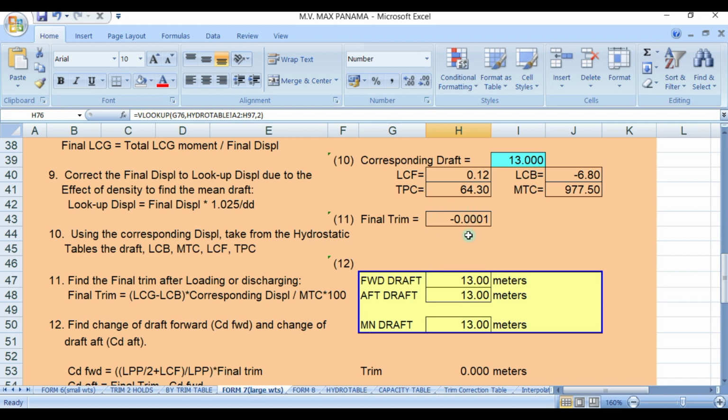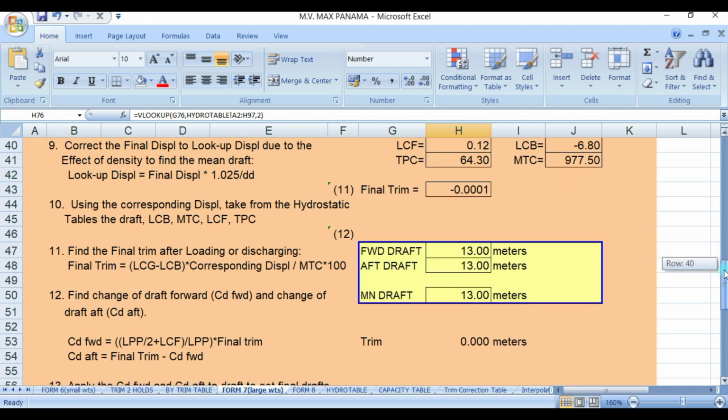This is your final trim, and the answer would be that forward draft will be 0, and your aft draft is the final trim minus your change of draft forward.